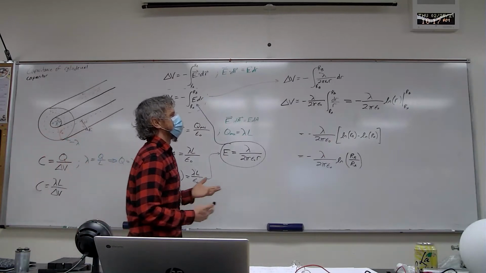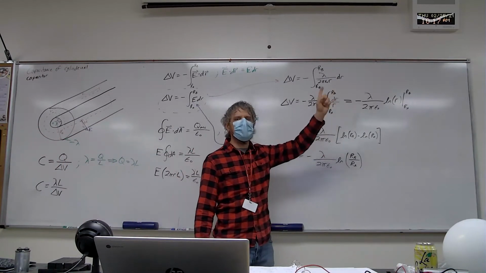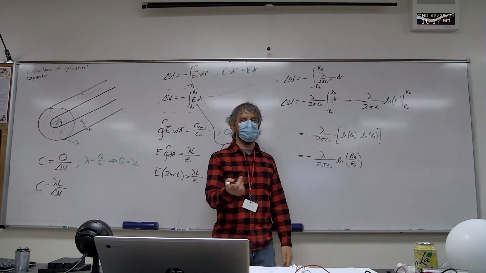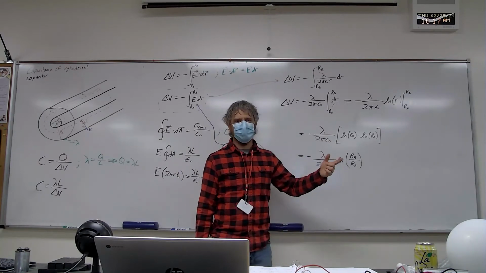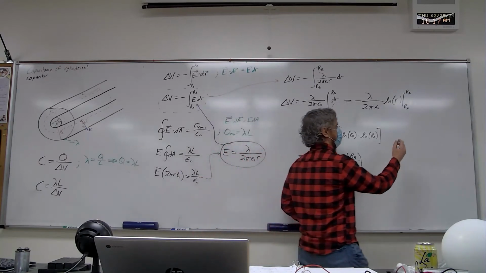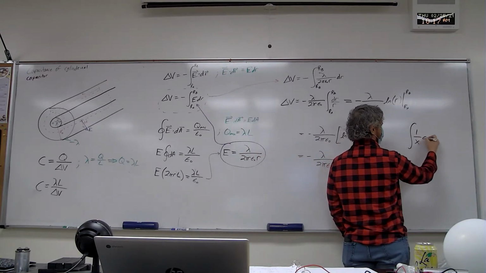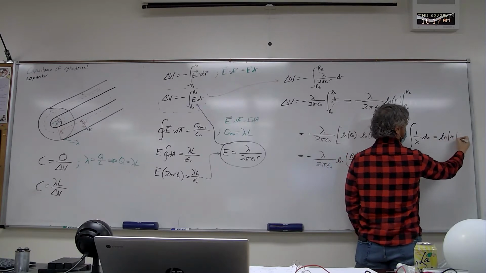So, again, if you're in Calc AB, you learned yesterday that the integral of dr over r, otherwise known as 1 over r dr, otherwise known as r to the negative 1 power dr, is the natural log of r. In math class, you'll learn that the integral of 1 over x dx is equal to the natural log of the absolute value of x, right?